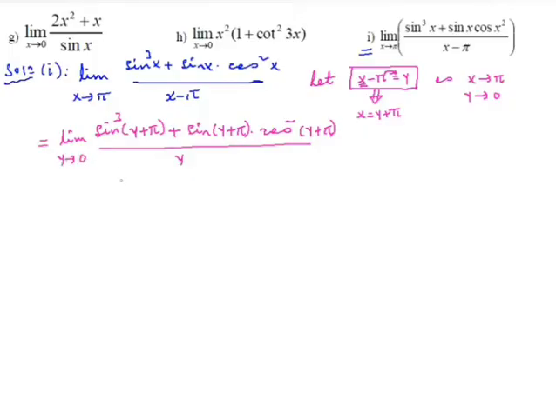Already the variable x is changed. Now you need to know some trigonometric identities. Using trigonometric identities, sine of y plus pi is the negative of sine y. You can check this. So in place of sine of y plus pi, you can use this. Let us rewrite this.